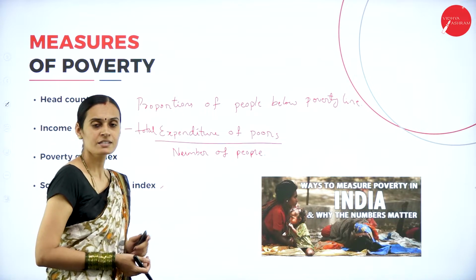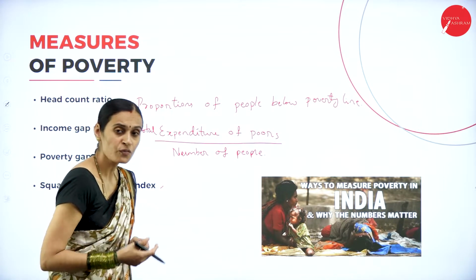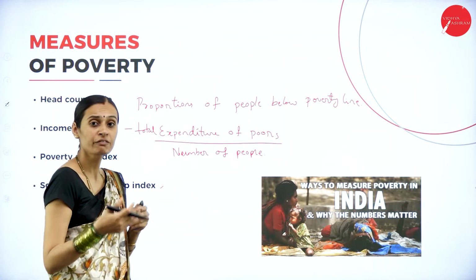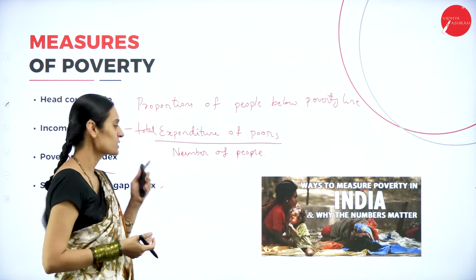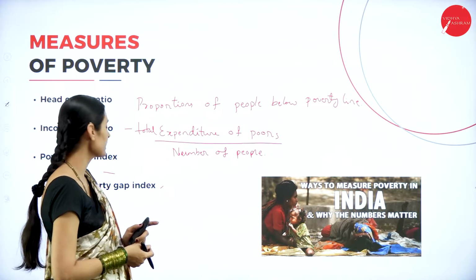And the next one, the poverty gap index. It is the difference between the poverty line and the average income of all households who are living below the poverty line. That is called the poverty gap. And what is the formula for the poverty gap index?